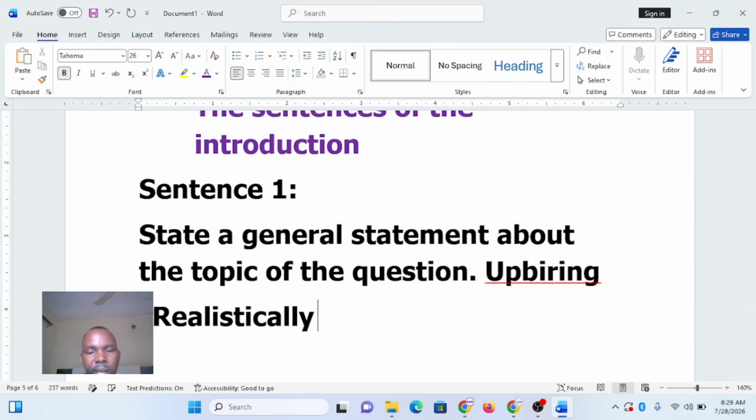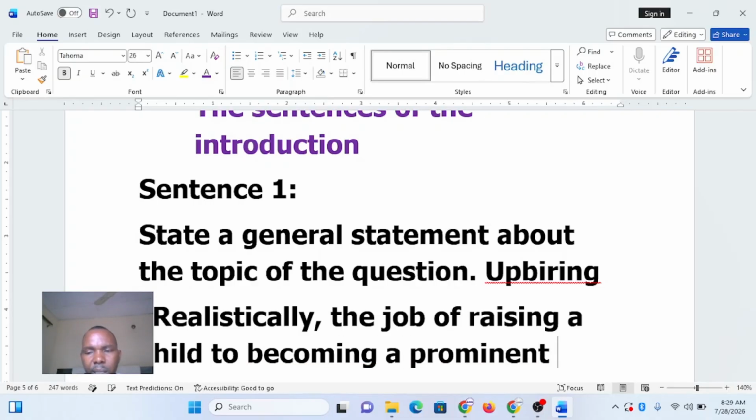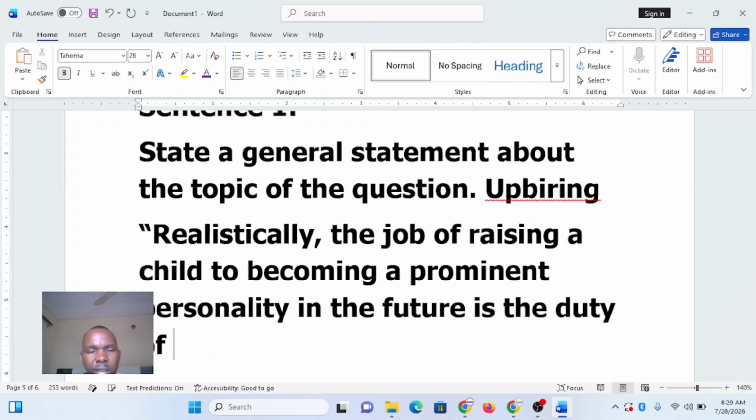realistically, the job of raising a child to becoming a prominent personality in the future is the duty of everyone. So let's say like that.